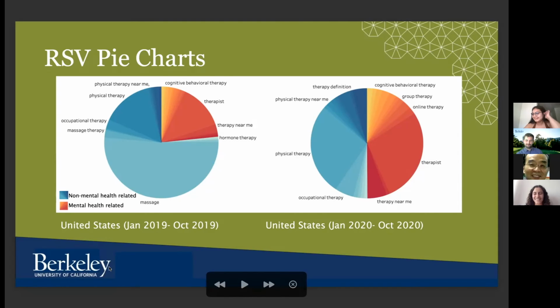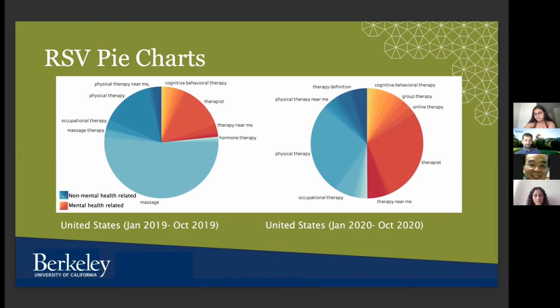Yeah, thank you, Aliana. Okay, so since the RSV, the relative search volume of our top queries, sums up to approximately 1, Robin created these pie charts, and each wedge represents the RSV value for a specific top query.